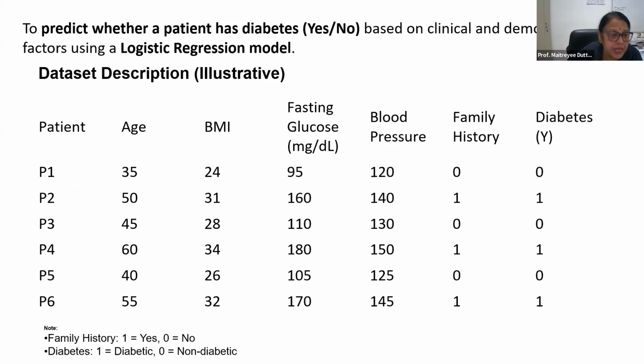Some patients are given, with age, BMI levels, fasting glucose, blood pressure, family history yes or no, and the target value is given, diabetes yes or no. This is a supervised model, that's why the target values are given. We have to find the model. Diabetes 1 means diabetic, 0 means non-diabetic. Family history 1 means yes, 0 means no, right? This is the data set we have been given.